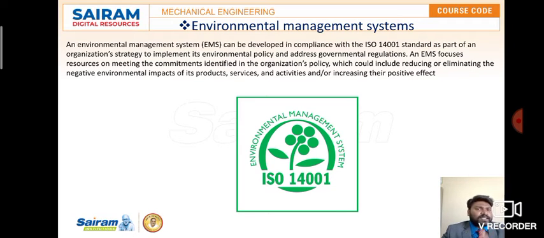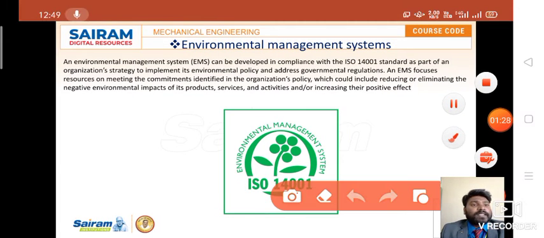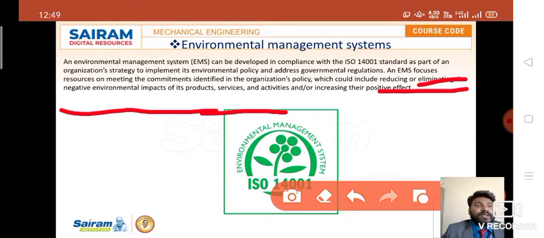Right. So what this EMS is going to focus on is meeting the commitments identified in the organization's policy. So it can be reducing or eliminating the negative environmental impacts of its products, services and activities, and/or increasing the positive effect. This is the major role that we are going to see.